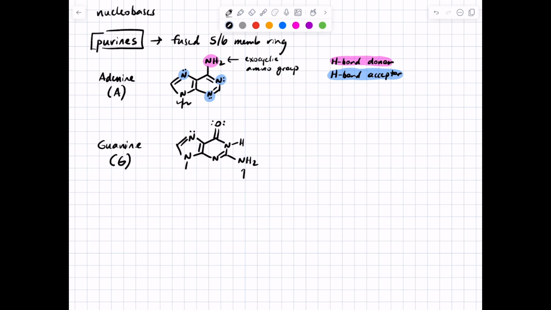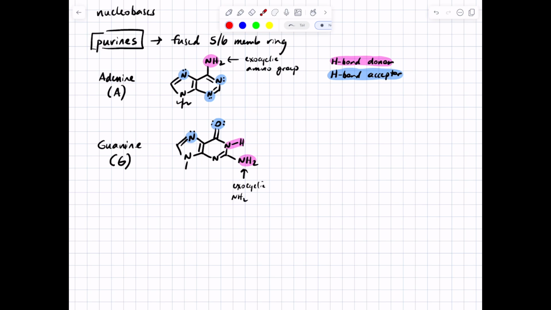Notice that guanine also has an exocyclic amino group, but it's in a different spot. And notice that the pattern of hydrogen bond donors versus acceptors is different for guanine versus adenine. Whereas adenine had donor acceptor, guanine has acceptor donor donor.